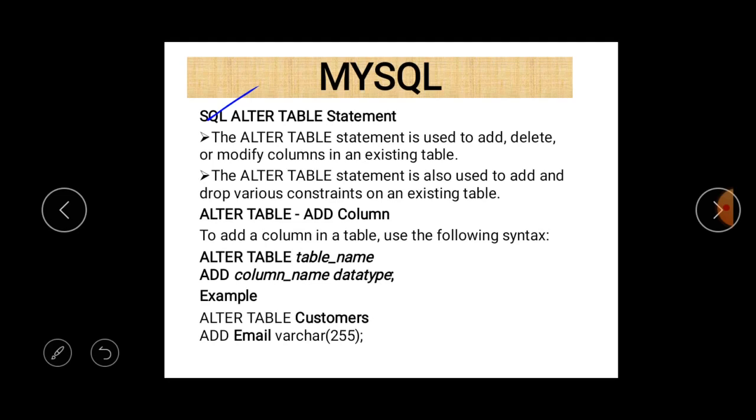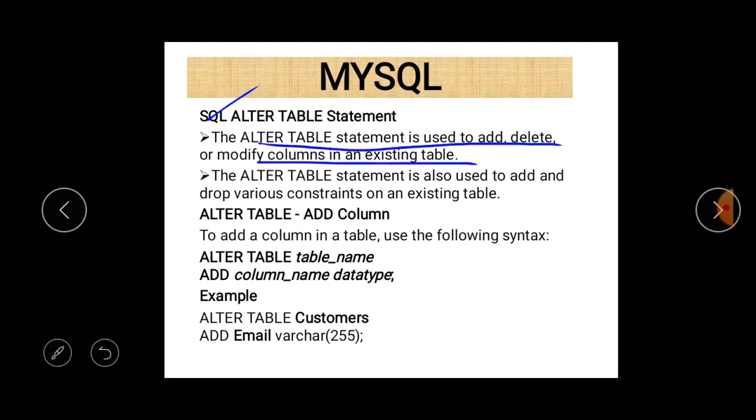With alter table we can alter the table structure, but using the update command we can update the table data. That's why update is a DML statement, and alter table is a DDL statement.